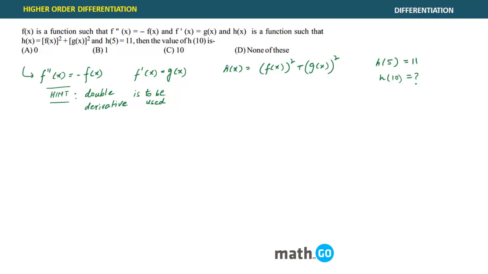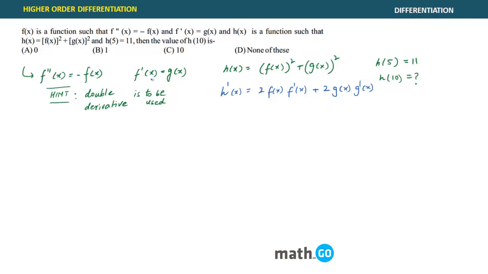So if we start doing this activity over here, it becomes h'(x) is equal to 2f(x) f'(x) plus 2g(x) g'(x), right? Okay, now we know some value of what? f'.